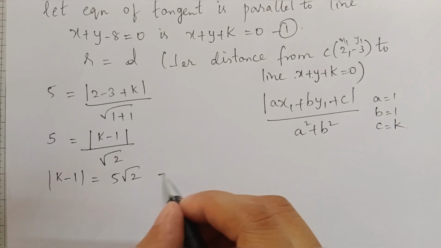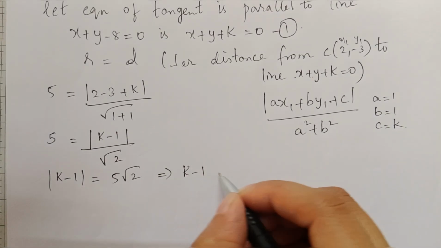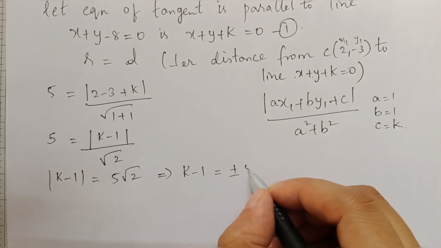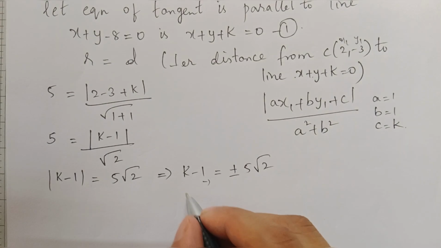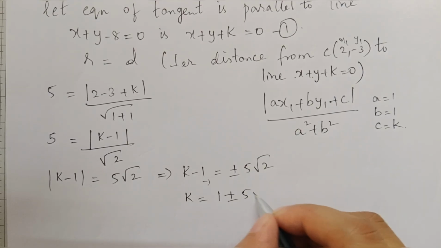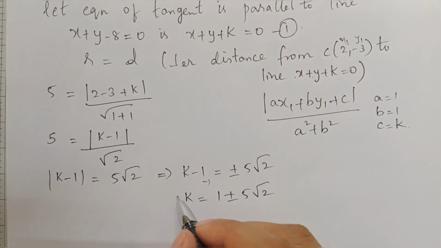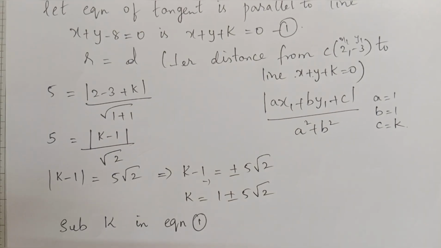If we remove the mod, we get k minus 1 equals plus or minus 5 root 2. Bring the value of 1 here, so it is positive 1, so k is 1 plus or minus 5 root 2. We substitute this value of k in equation 1.